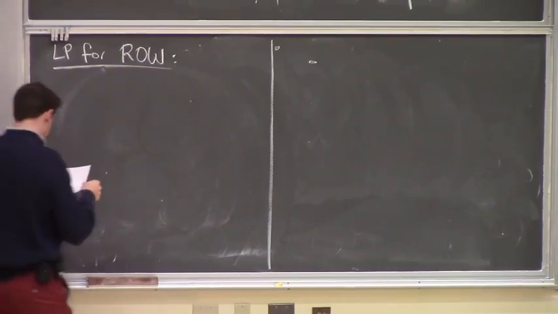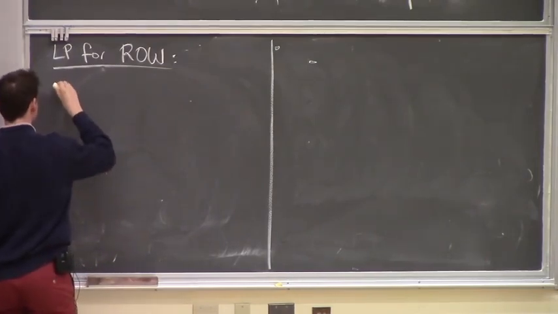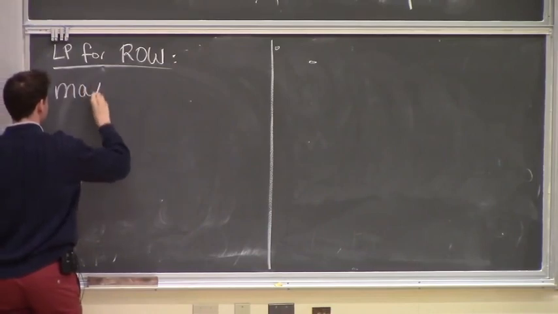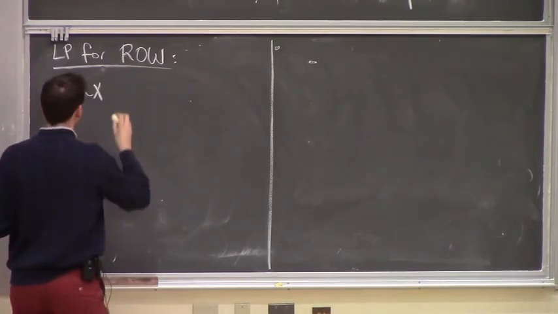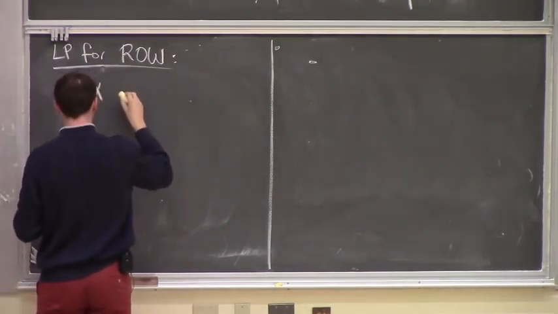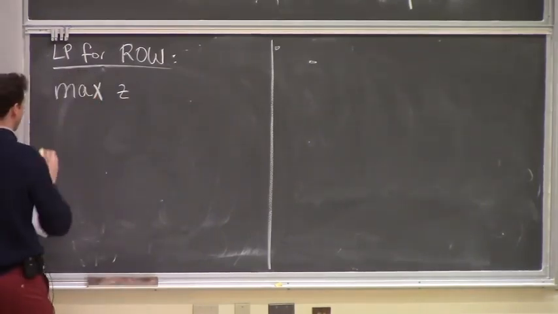Here's a cute trick that might come in handy a few times. He's actually going to maximize some other variable, let's call it z.